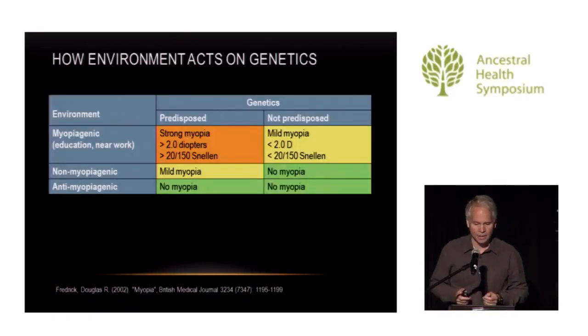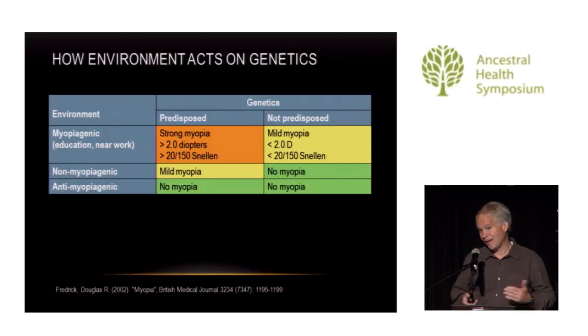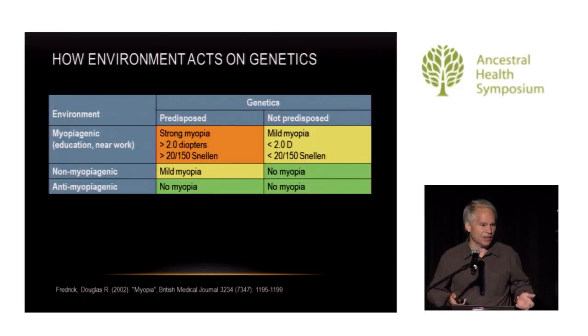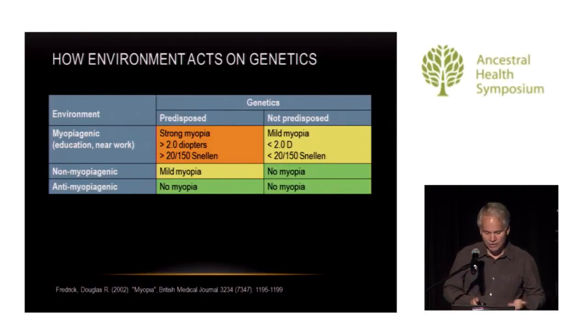And if you think about it in terms of epigenetics, or environment acting on the genes, it's kind of like alcoholism, right? You can have a gene for predilection to alcoholism, but if you're not exposed to alcohol, you won't have that condition. Well, there was a study done by Douglas Frederick in 2002 showing that if you had the genetic indicators for myopia and you engaged in myopogenic practices like education and near work, you could get strong myopia, more than 2 diopters.